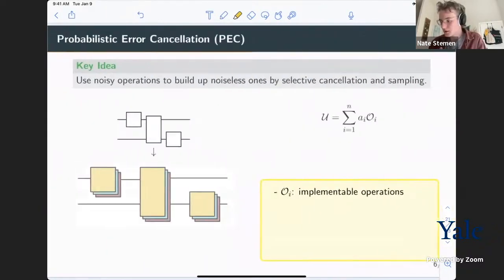then you can take your circuit and decompose each one of those operations that you'd like to perform into a linear combination. So this gate gets decomposed into this operation, this gate gets decomposed into that representation, I should say, rather. Each gate gets a representation. And then you have a collection of circuits. And what you can do is sample from these circuits in a way where, when you average them all out, the errors cancel each other out.